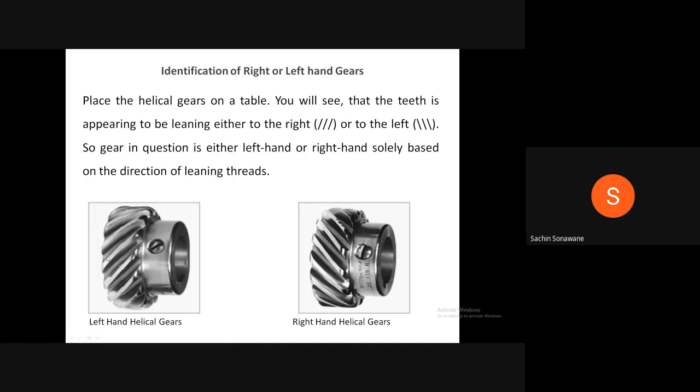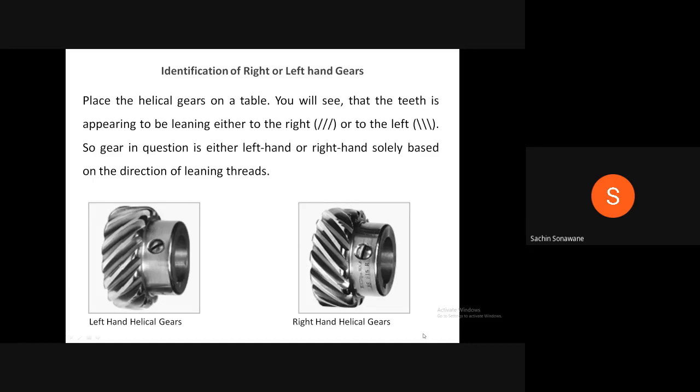If you produce those teeth, they will intersect the axis of the gear towards the left side. And if you produce the teeth of the gear in such a way that the teeth will intersect towards the right side of the axis, then it is known as right hand helical gear.